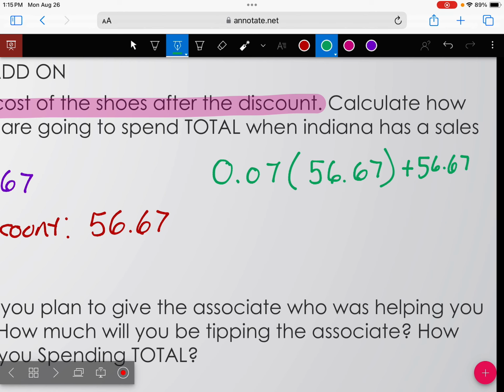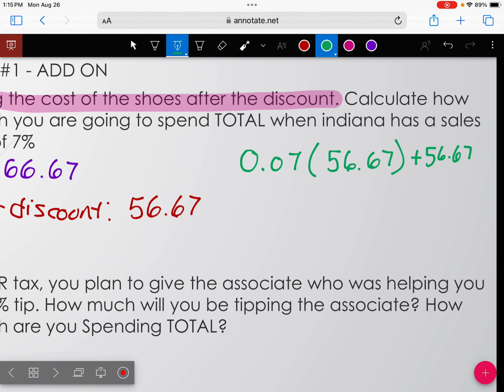Times it by 1.07. Yes, that's just because that's the way it was being said. You can also do this as combining these together so we don't have to deal with the 56.67 twice. 1.07, because I have a whole 56.67, and then I have 0.07 of 56.67.